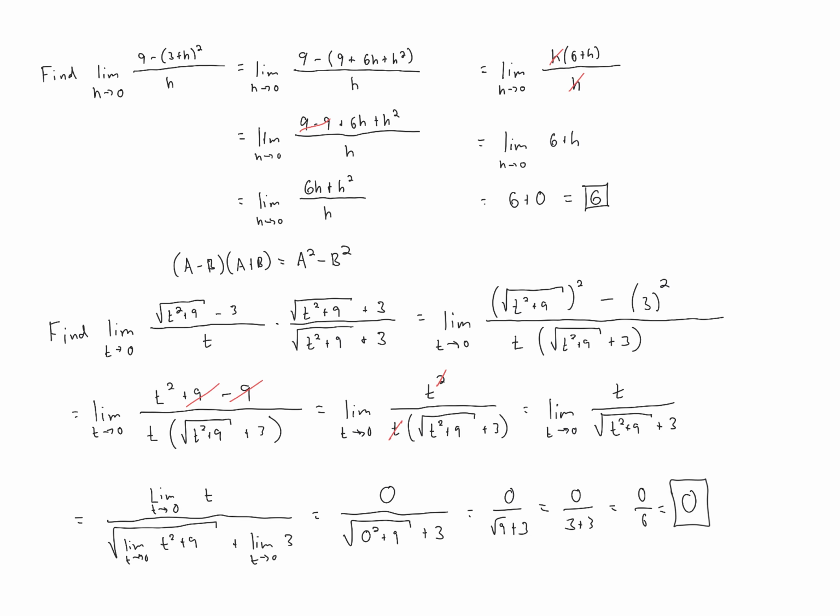And so all of these were limits that looked like they were approaching 0 over 0. Or if you were to direct substitute, you would get 0 over 0. But the limits that we ended up with in the end, we had 2 in the previous problem, in the other video, and then 6 here, and then 0 here.